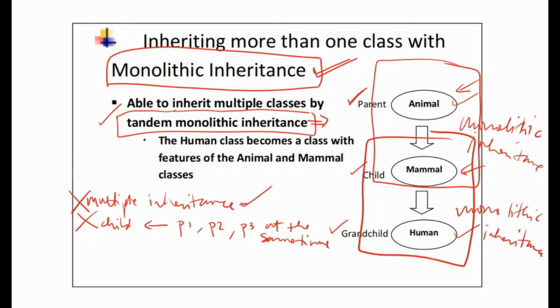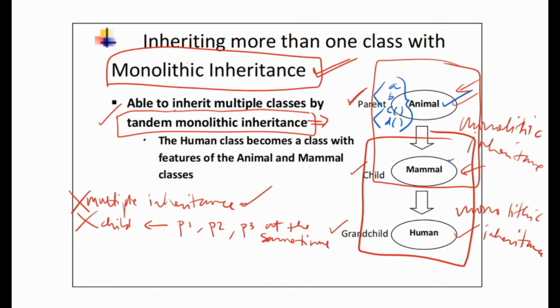So say for example, these are the features of animal. Say it has feature A, B, C, D. Say for example, A is a field, B is a field, C is a method, and D is also a method. Say these are the features or the fields and the methods of the class animal. And then we create mammal as a child class of animal.